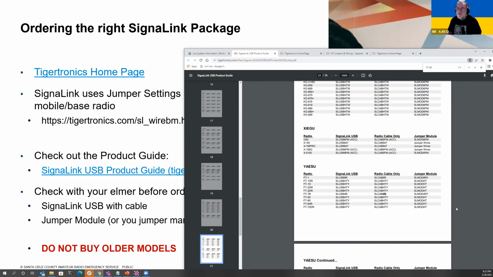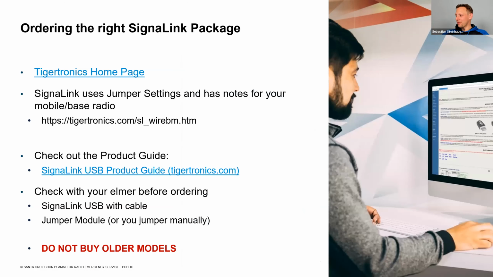So it comes with the basic unit and the cable that fits your radio. And then, of course, the jumper modules are different for different radios. So the big expense is the Signal-Link itself. The cables and the jumpers are not exactly free, but they're not nearly as expensive as the Signal-Link itself. It even comes with an Allen key. Yes, because you have to open the thing up to put the jumpers in, whether you use the module or jumper wires. But I think we've reached the Elmering part, right?